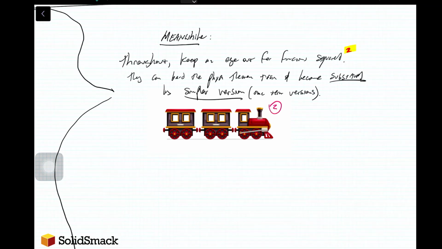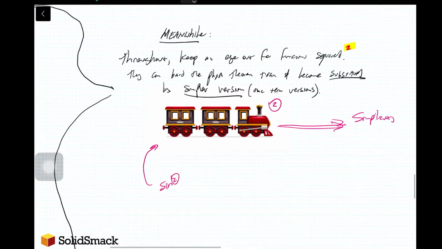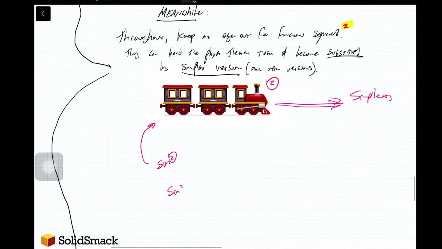While doing this, you also want to get on what I call the Pythagorean Theorem train. These are the only expressions that can get on this train that heads to simplicity. I like my analogies. If you want to get on, choo-choo, you have to be a squared term. Why do you have to be squared? Because the Pythagorean Theorem only uses squared terms.